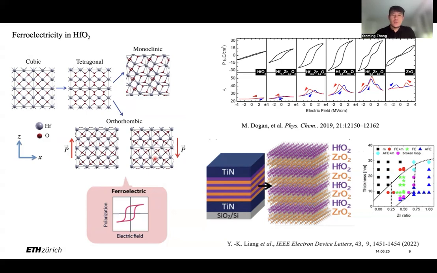There are many approaches to stabilize the ferroelectric phase, and the most common approach is making solid solutions with zirconia. According to the phase diagram, the admixture of hafnia and zirconia, HZO, can crystallize into the ferroelectric phase with a stoichiometry of 50-50, where it shows the largest polarization.